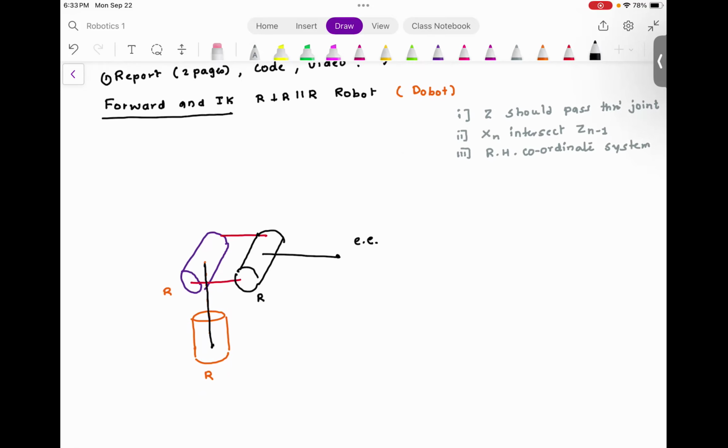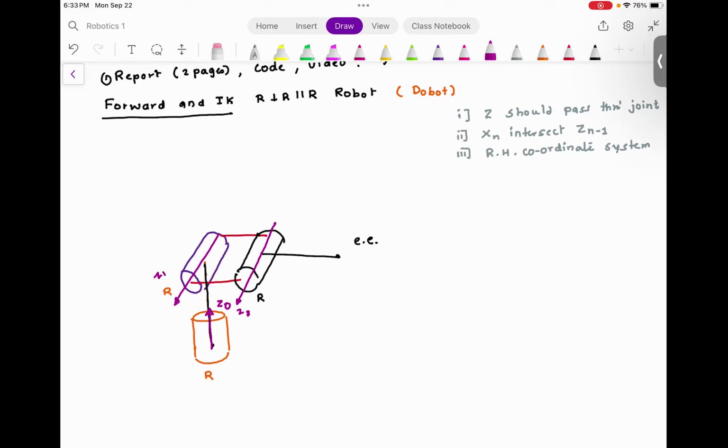So I'm gonna set up my coordinate system. First and foremost, my Z0 is like this. Then my Z1 is like this. My Z2 is in the same direction as Z1.